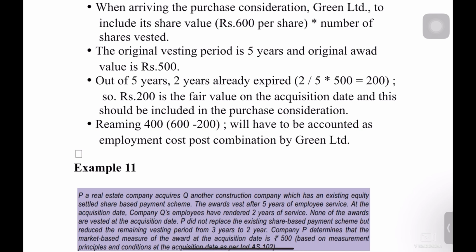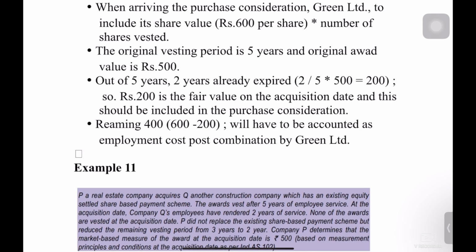Okay, so basically we are dividing the total fair value into two. The total fair value is 600, and it needs to be divided into pre-combination and post-combination. For the pre-combination, we have to take the vesting value as estimated by the acquiree, which is 500, and out of 500, 2 years is already over.